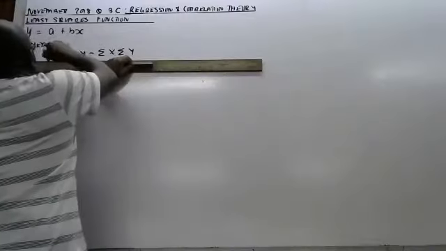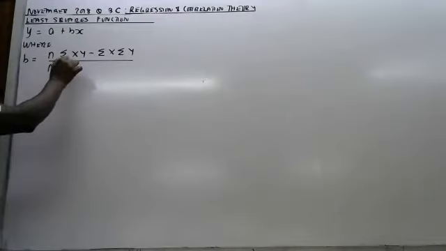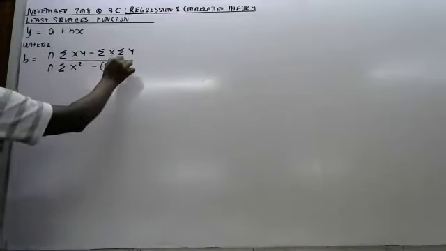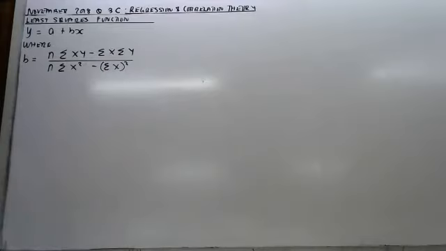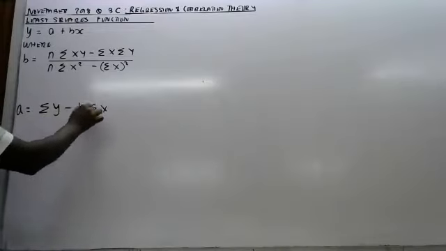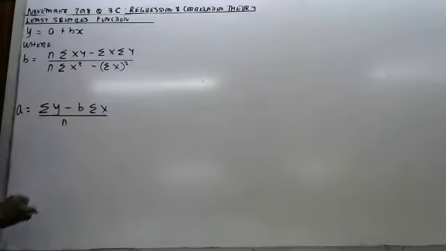You divide this by n sum of x squared minus sum of x, you square this. That is how you get b. Then if you are looking for a, it is sum of y minus b sum of x. You divide by n.